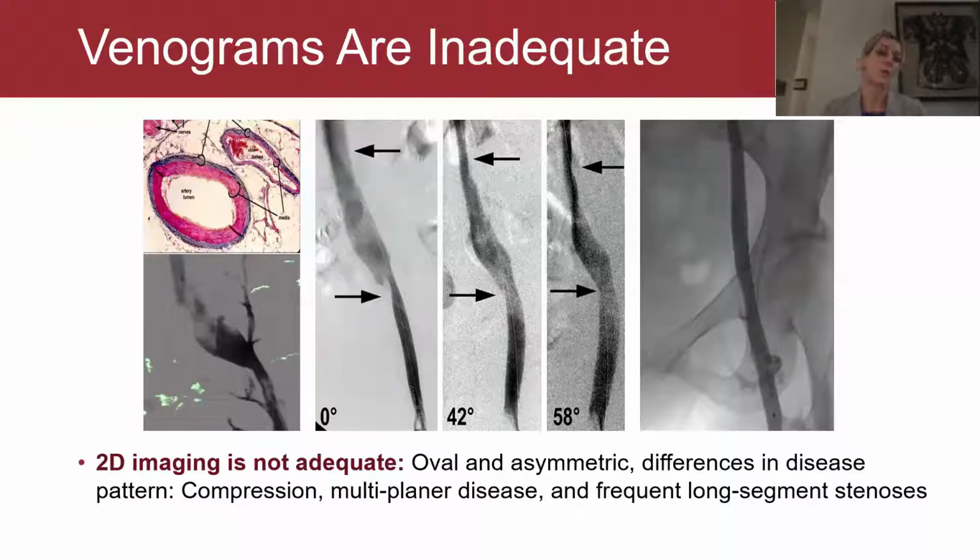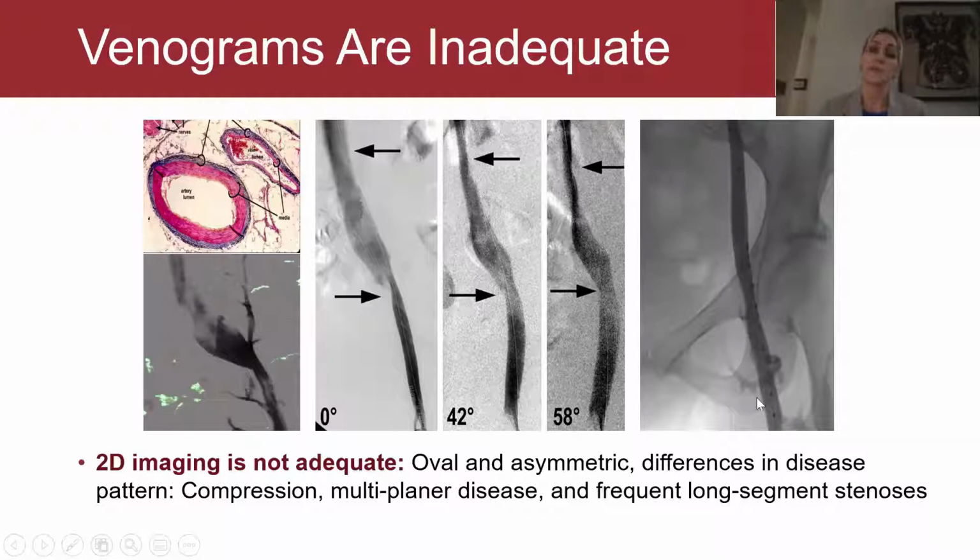In addition, you may see compression with widening in one plane, narrowing in another. The disease presents asymmetrically. The disease is multiplanar. It is multi-level. So you may see in one angle certain disease, but not the rest of it. Disease is often diffuse throughout the vessel.